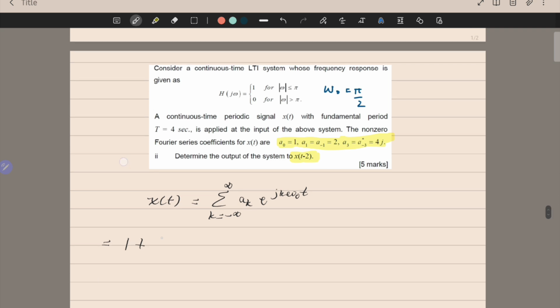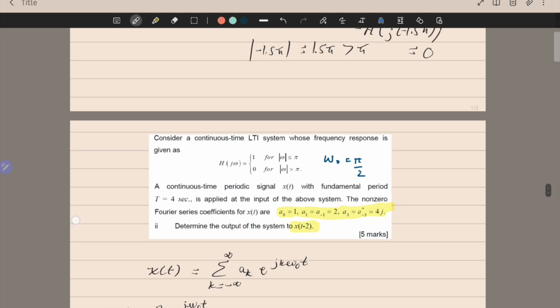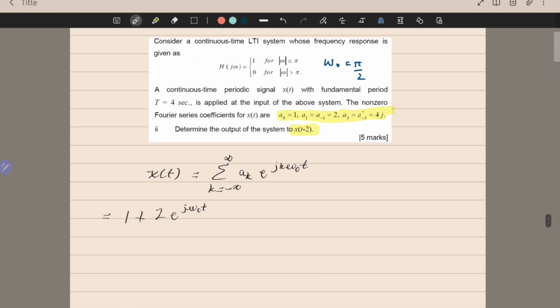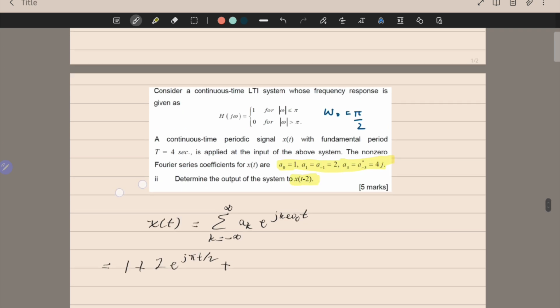So a1 is equal to 2 multiplied by e to the j omega 0 t. We already found that the fundamental frequency is pi over 2, right? So we just directly substitute here, pi t over 2. For k equals negative 1, same thing, a of negative 1 is 2 as well, so e to the negative j pi t over 2.